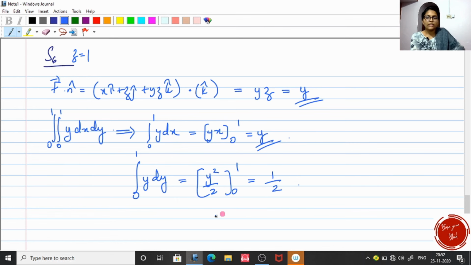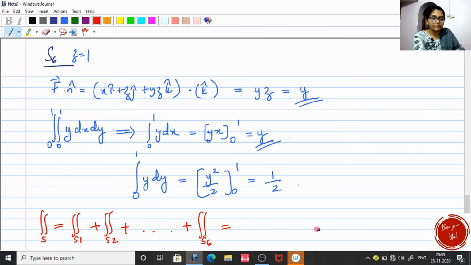Okay. Now let us collect all this double integration starting from S1 to S6. So the double integral over S is equal to the double integral over S1, plus the double integral over S2, etc., till the double integral over S6. Let me write everything. So here are the values, adding it up we get 3 by 2.